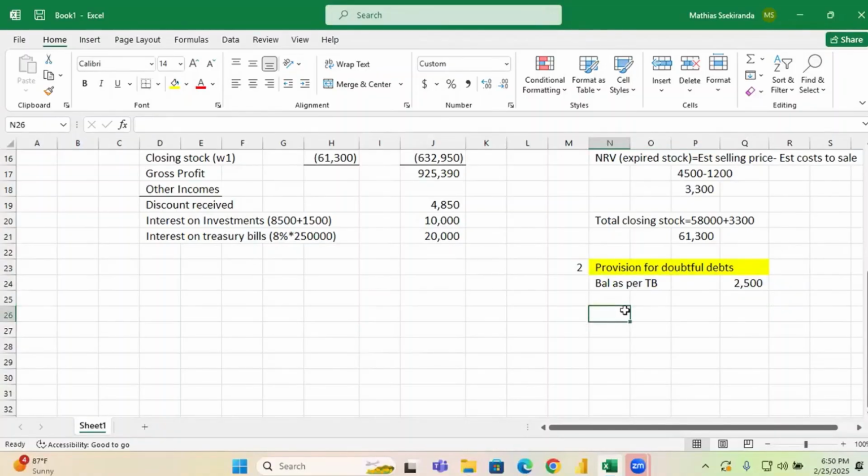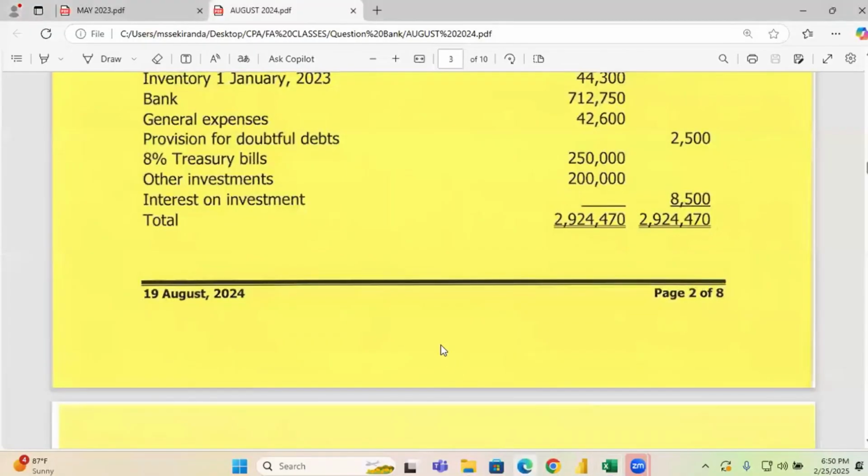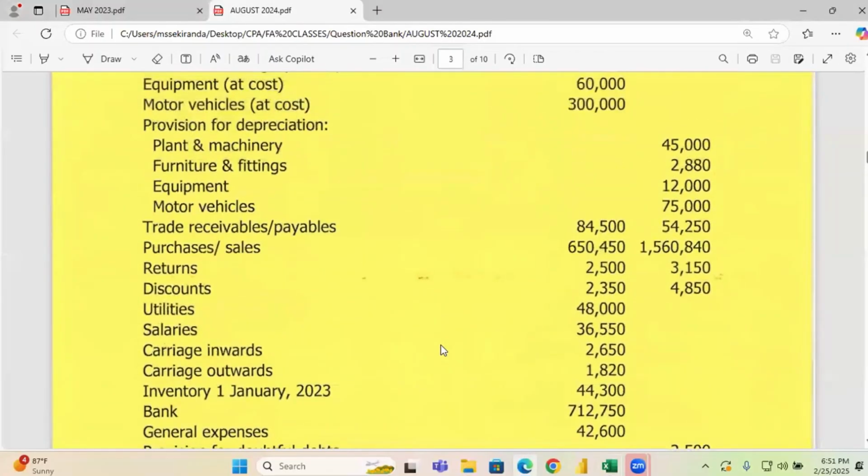Okay, let us start now. The provision for doubtful debts is normally effected on the trade receivables balance. Let us first go to the trade receivables balance. How much are our receivables that the examiner gave us in our trial balance? 84,500.